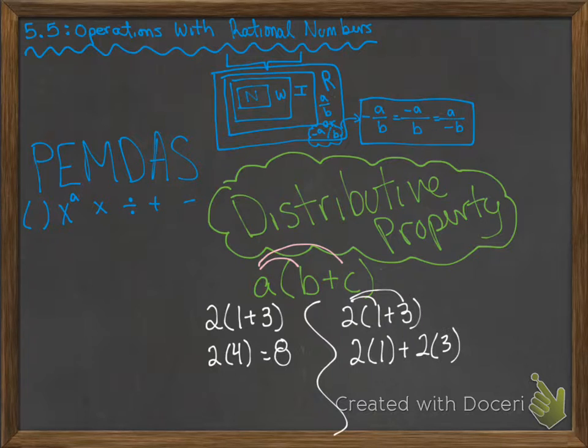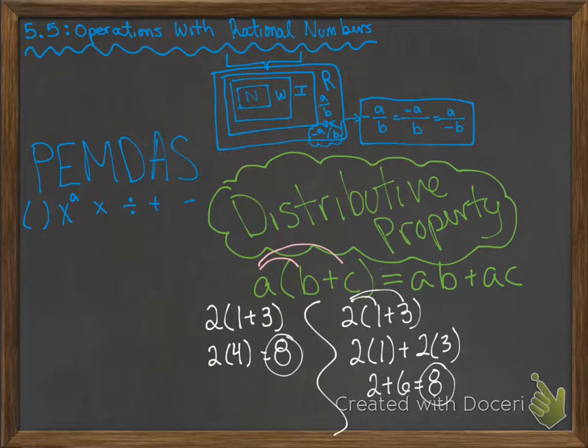So 2 times 1 plus 2 times 3. Now I just use PEMDAS, go left to right. 2 times 1 is 2, 2 times 3 is 6, 2 plus 6 is 8. So we get the same answer, and what does that tell me? It tells me that the distributive property is just as valid as a methodology as is PEMDAS, the order of operations. So I can rewrite a times the quantity b plus c to a times b plus a times c.